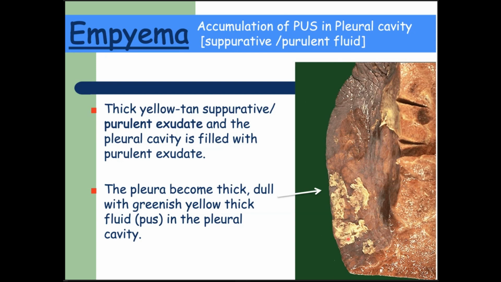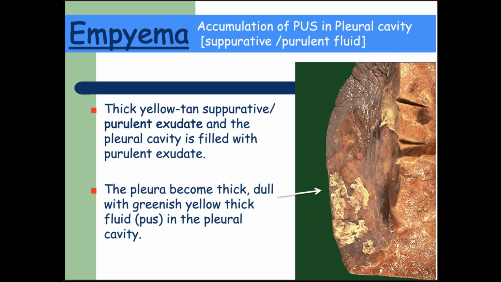You can see this pus and membranous thick structures on the surface of the pleura is the empyema, when the pleural cavity is full of pus and it can attach to the pleural surface. So this is how it looks on the gross specimen. The other two places which I found can also be called empyema. One is the gallbladder.